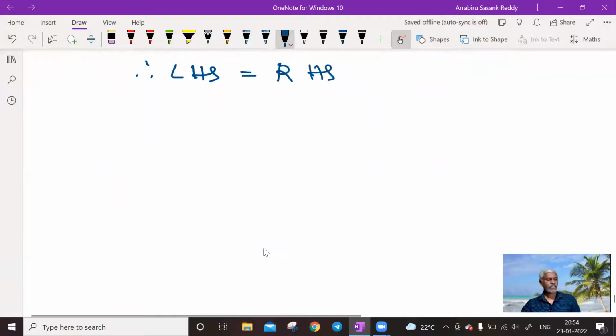So the first and second bits are almost the same, sin a plus sin b plus sin c.